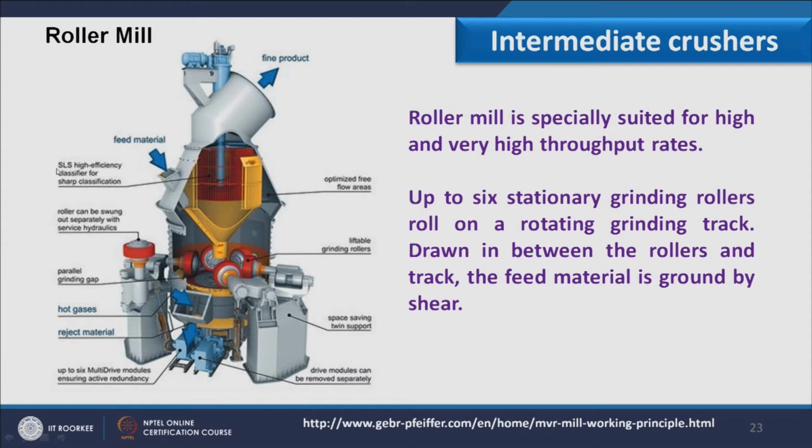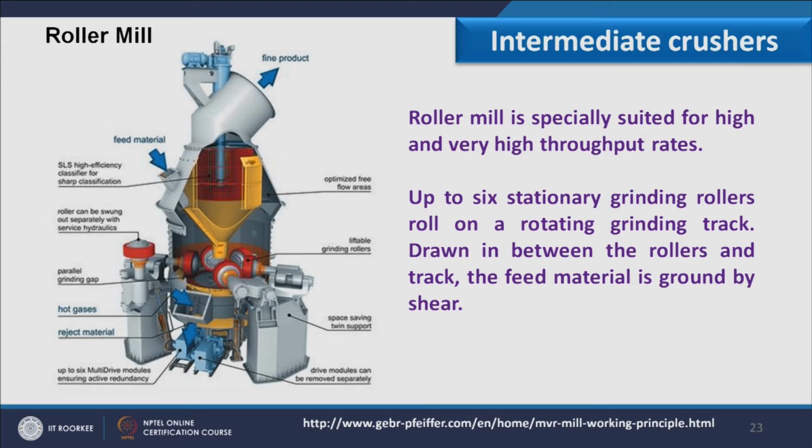Now what happens over here, if you see this image, from here we have the feed inlet, and feed is falling in between this section. This bottom disc is the rotating disc and all these rollers are stationary. So when the material comes, the disc rotates, and due to shearing of material between the rollers as well as the rotating disc, the material is reduced in size.